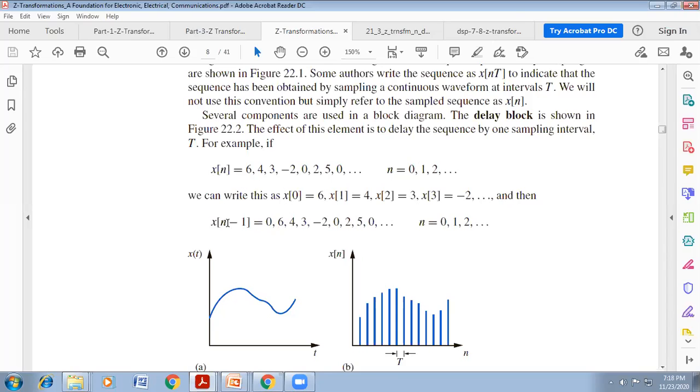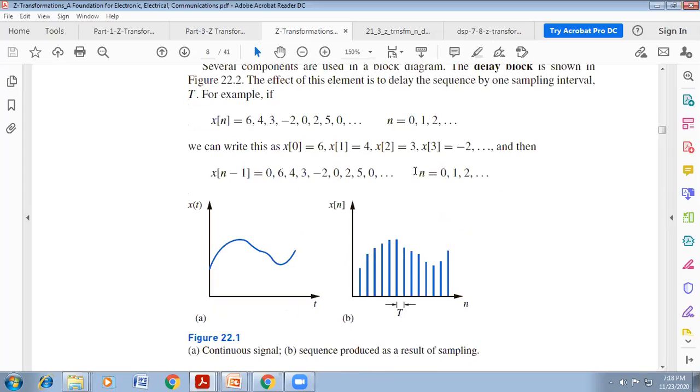For n equals 0, the value is 0. For n equals 1, x0 is 6. For n equals 2, x1 is 4. This is the sequence of x n minus 1, and this is the sequence of x n for individual values of n. So we can rewrite it in a block diagram like in figure A.